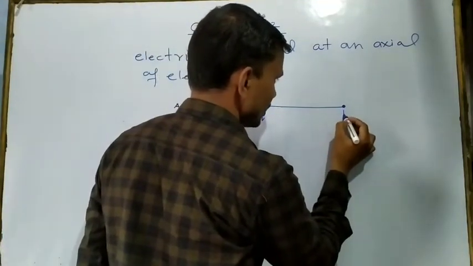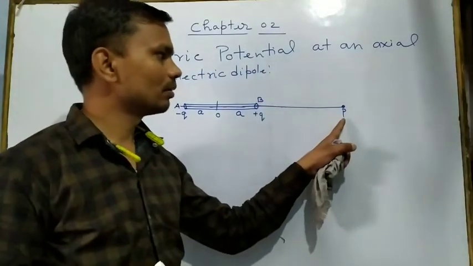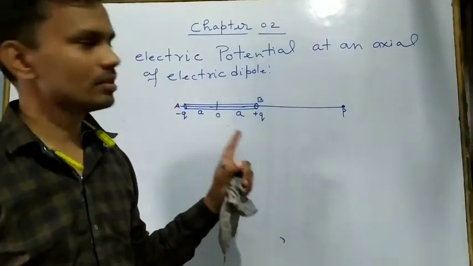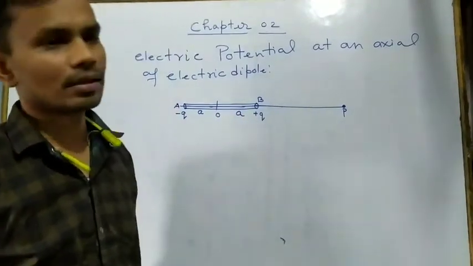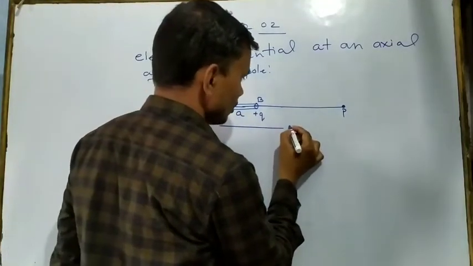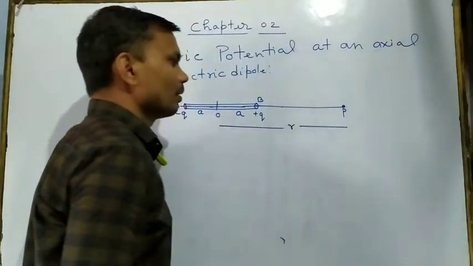Suppose this is point P and at this point we want to calculate the electric potential due to this system of equal and opposite charges, means due to the electric dipole. Suppose from the center this distance is R, where we want to calculate the electric potential.